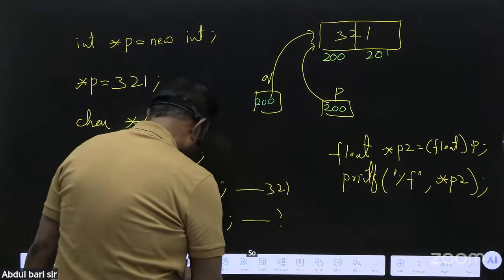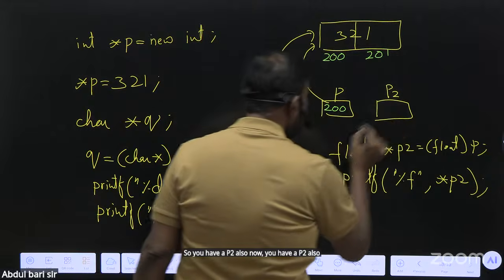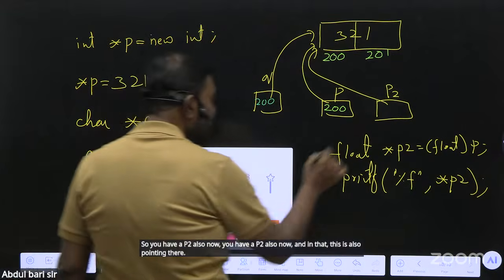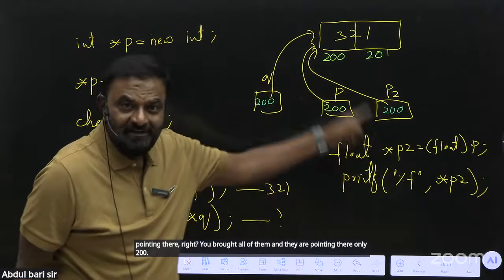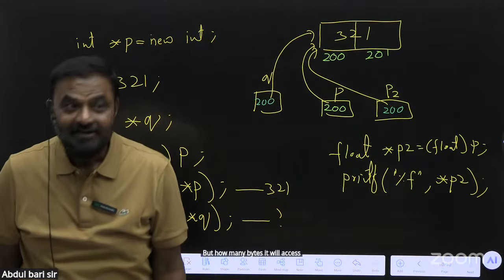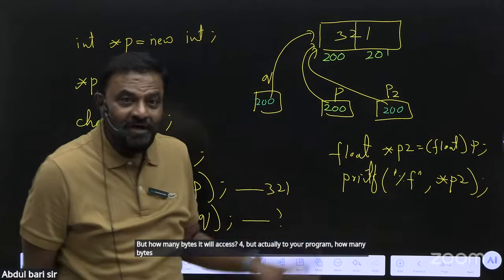So you have a p2 also now. And this is also pointing there, right? You brought all of them and they are all pointing to 200 only. Now, will it go there and access or not? Yes. But how many bytes will it access? 4. But actually to your program, how many bytes belong? 2. The other 2 are?